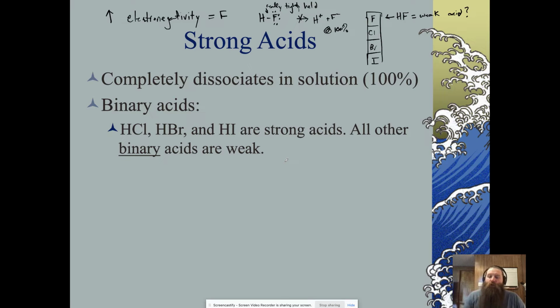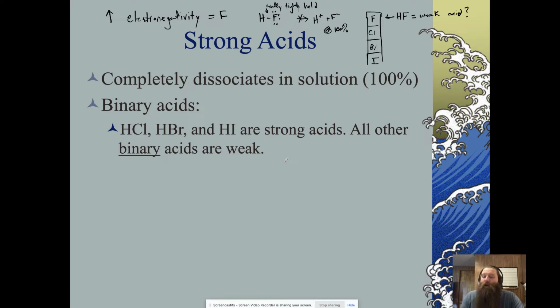Now, don't confuse weak acids with reactivity of acids, because hydrofluoric acid is an extraordinarily reactive acid. You can't store it in glass because it will etch the glass. That's not what strong and weak acid is referring to. We're just describing qualitatively whether something will completely dissociate or not.